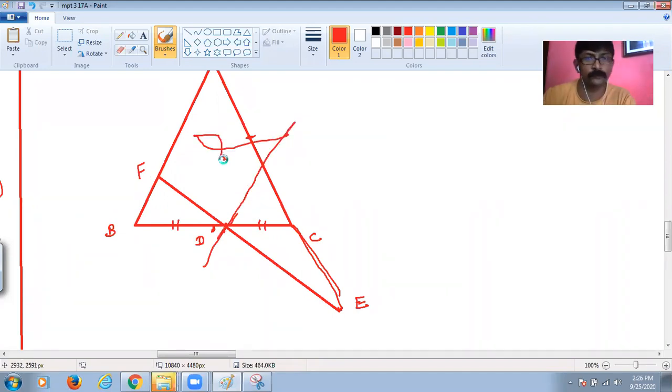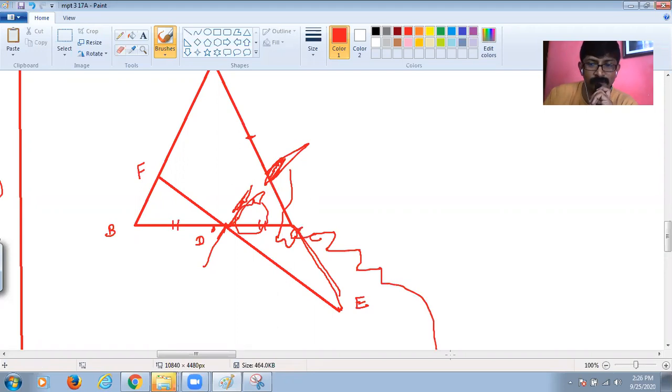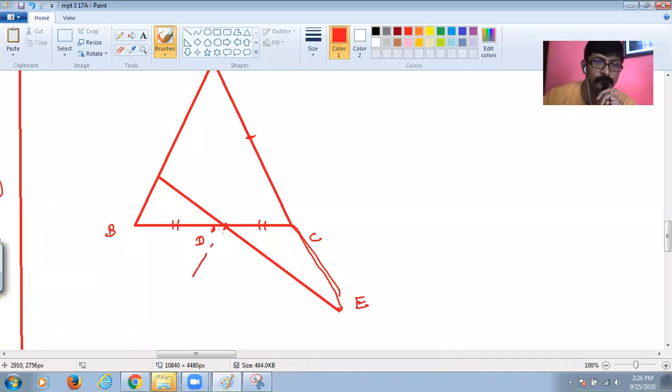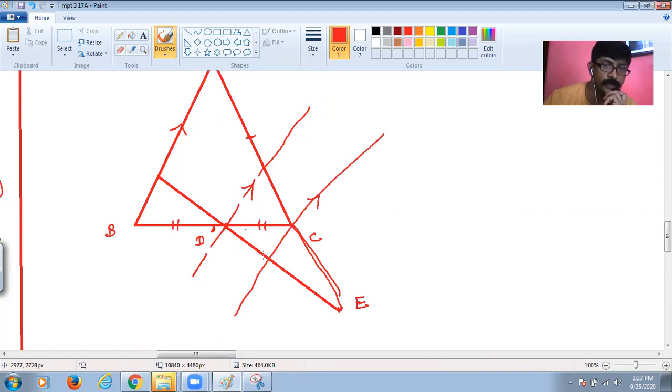One second, guys. So if we draw this line, it is parallel to AB. So lines through D and C are drawn parallel to AB.